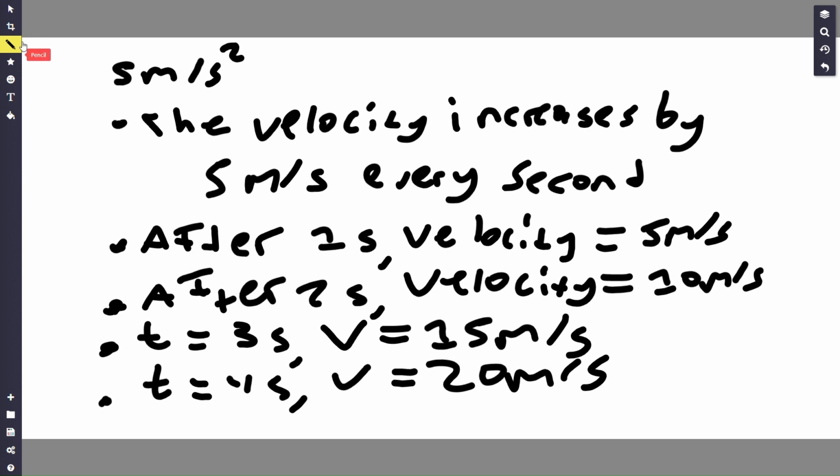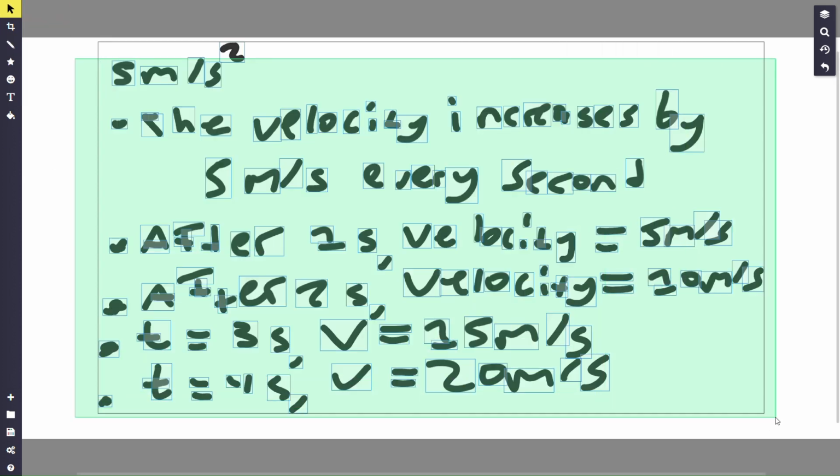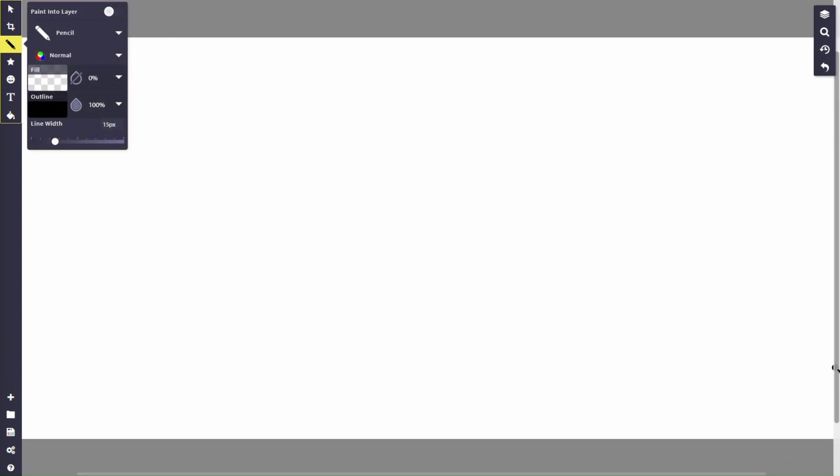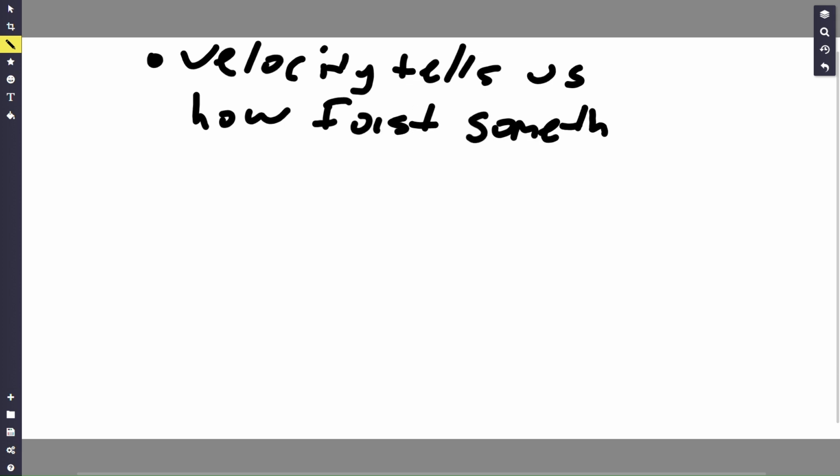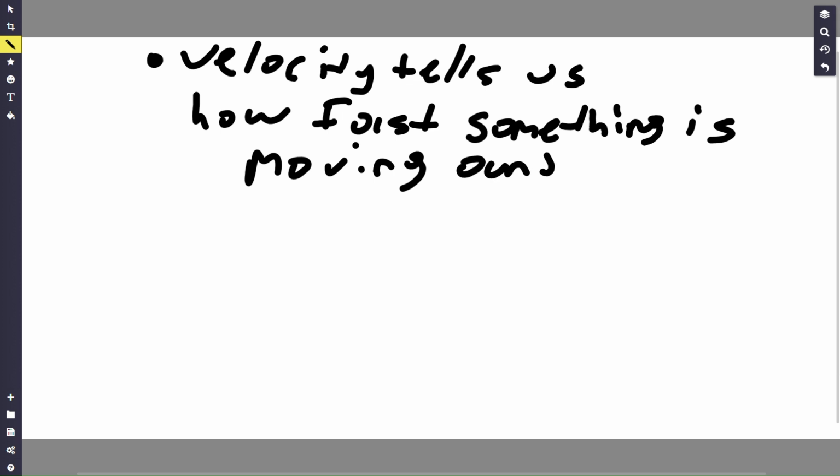Now, let's summarize this video with a brief summary. Velocity tells us how fast something is moving and in what direction.